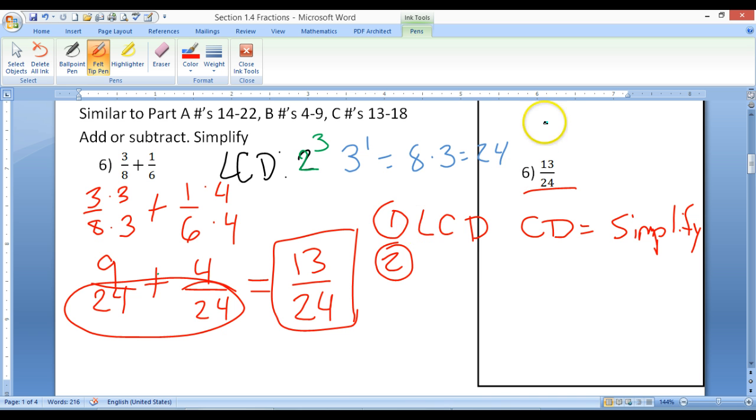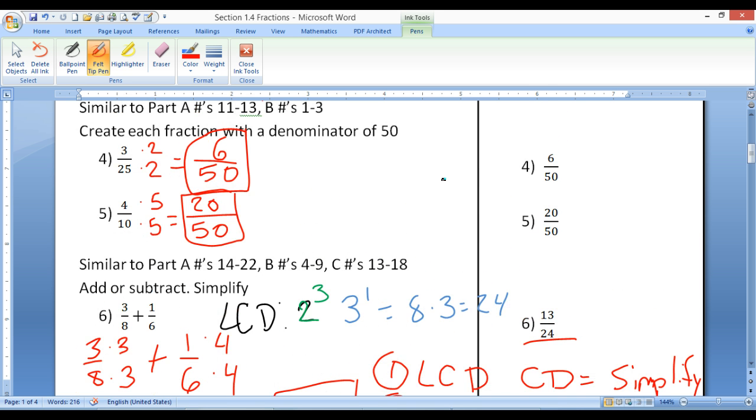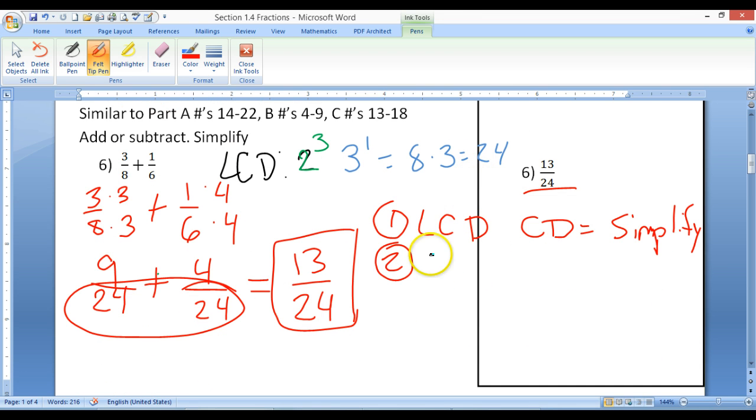Step number 2, do what we did up here, which is create the fraction with the new denominator. So down here we created these new denominators.